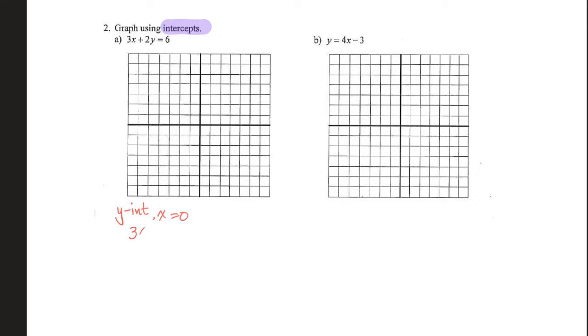Now, I never need to see this line, but I'm going to put it down just for this one. Why is finding intercepts a really efficient way to graph? It's because every time I sub in a variable's value as 0, it wipes out that term. We see it there, 3 times 0 is 0.